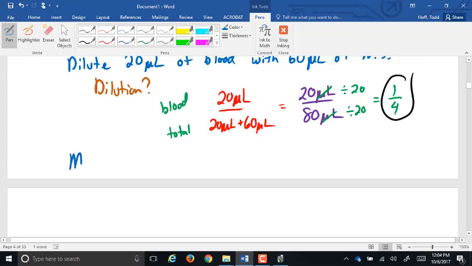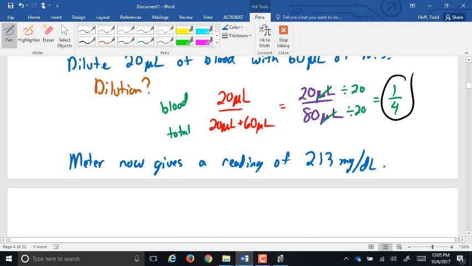So the meter now gives a reading of 213 milligrams per deciliter. Find the true level. To find the true level, we use the dilution ratio, a 1 in 4.